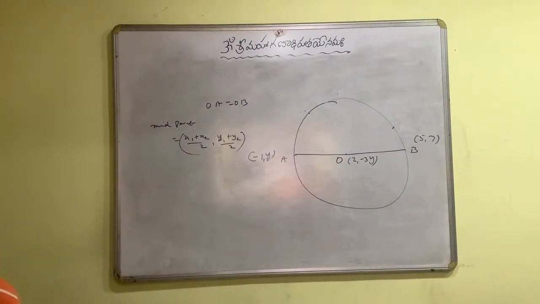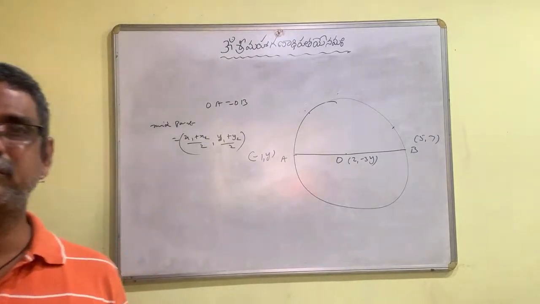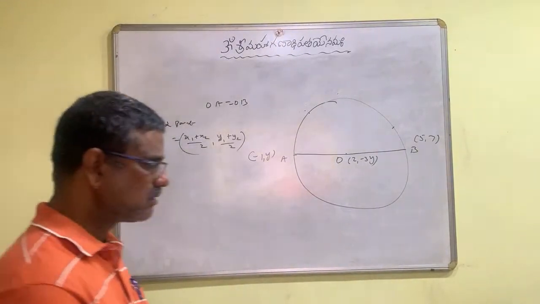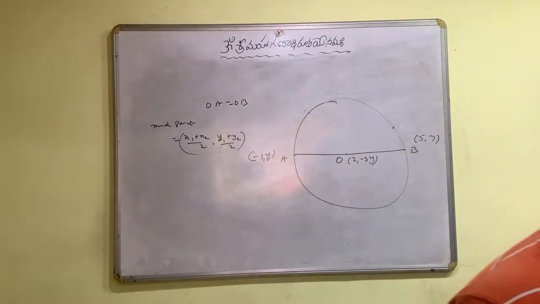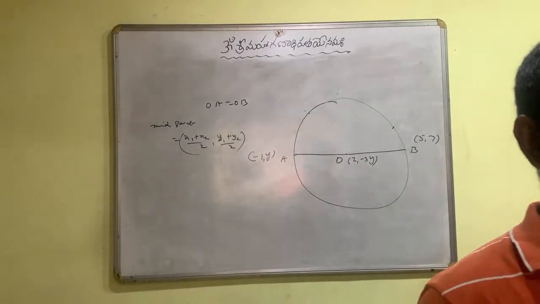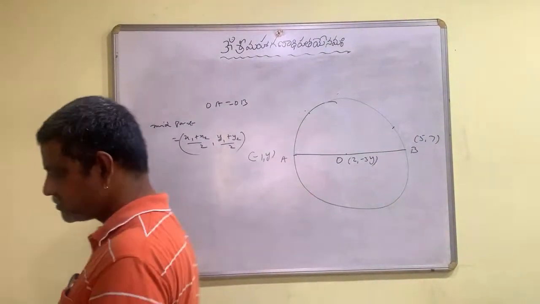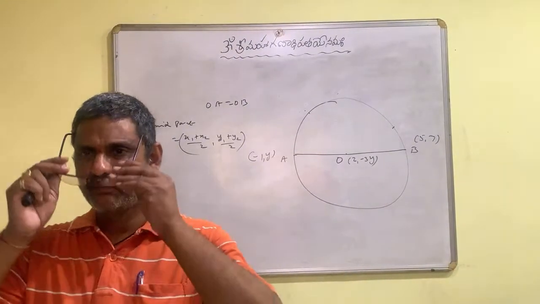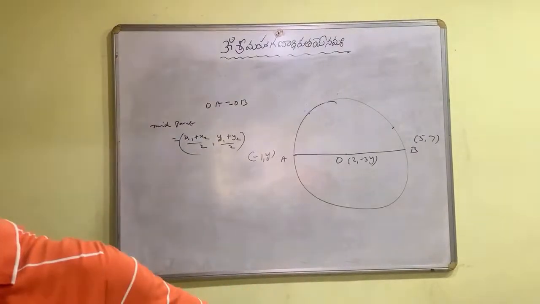We know O is the midpoint of diameter AB, so directly you can apply the midpoint formula and find out the y value, children.